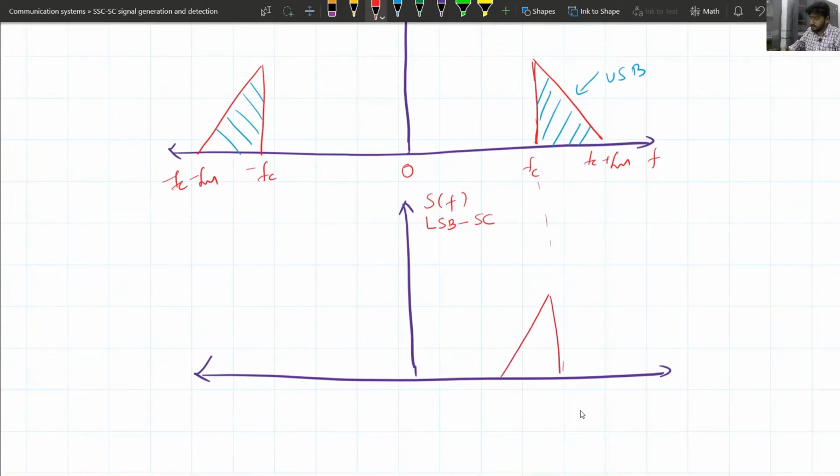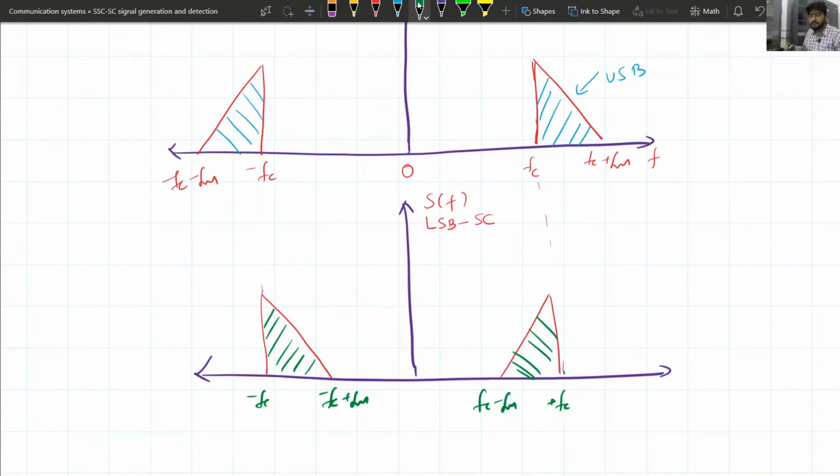And we will transmit the lower sideband. That means either of the sidebands is being transmitted with the help of the single sideband suppressed carrier signal.